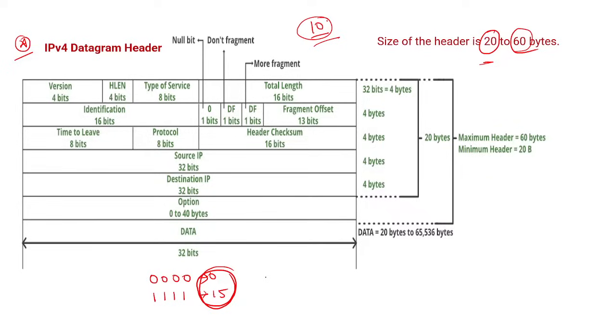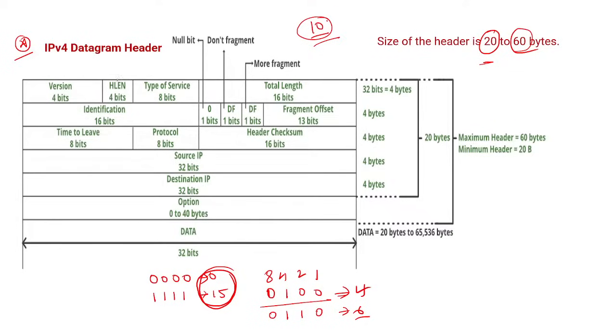So how to represent IPv4? 1, 2, 4, 8: you can represent 0100, which means this is IPv4. Another version is IPv6, that is 0110. In this way the version number tells what type of network.